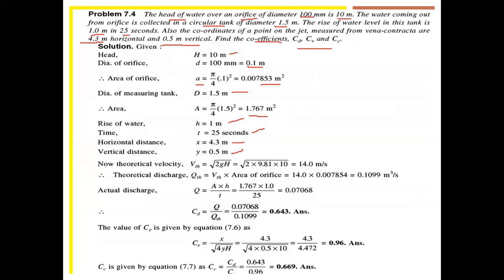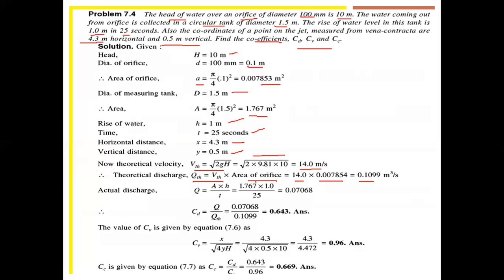Now theoretical velocity V theoretical is equal to root of 2gh. Then theoretical discharge Q theoretical is equal to V theoretical into area of the orifice, that is equal to 0.1099.